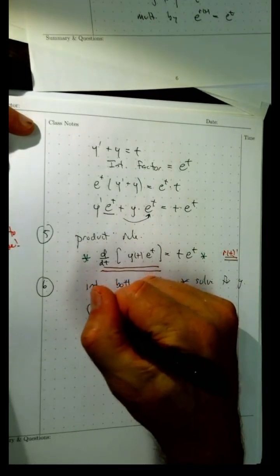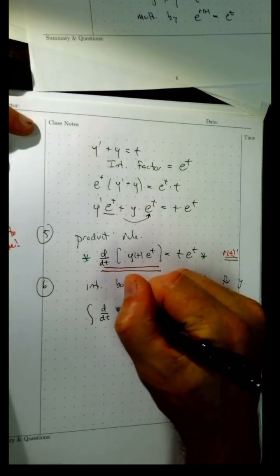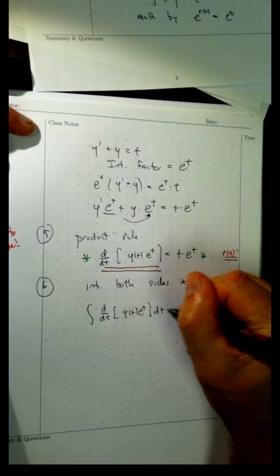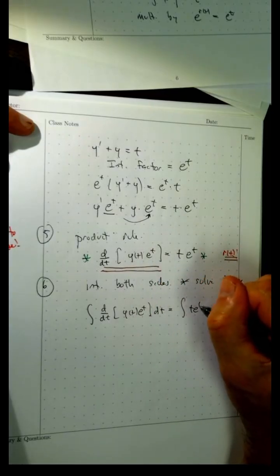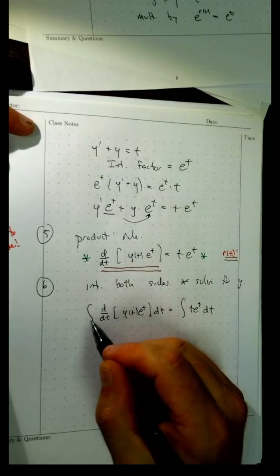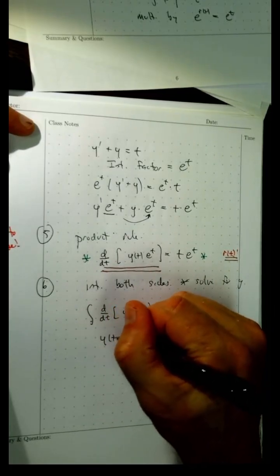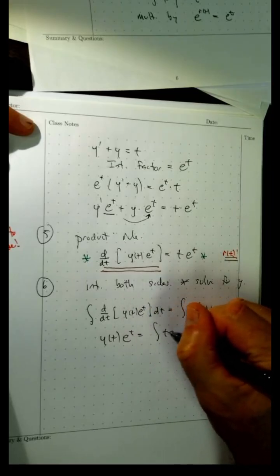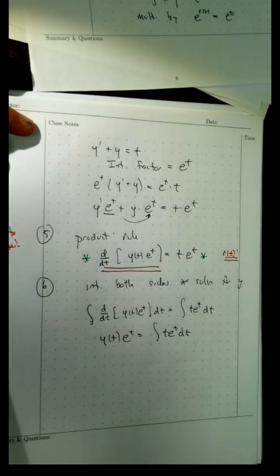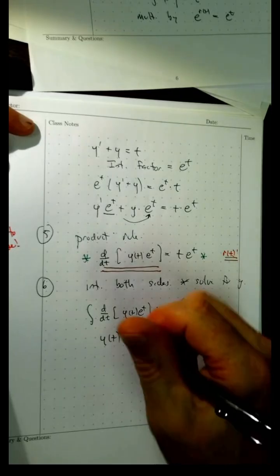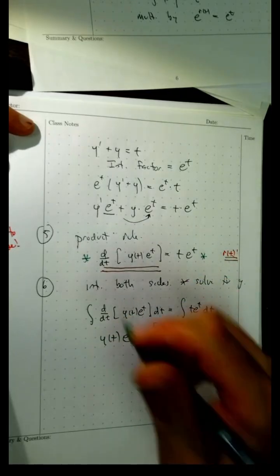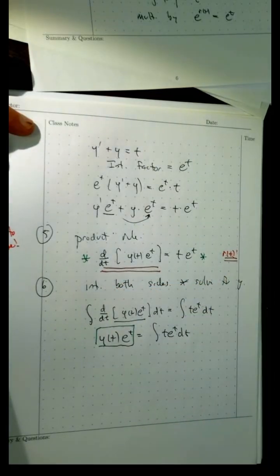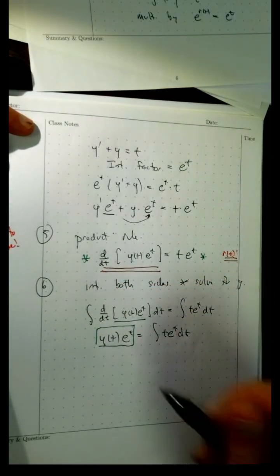If I take the antiderivative of both sides, the antiderivative of the derivative is just that function, is equal to that. Okay, and again, this is by design. This should always be the case. If you cannot do that, something went wrong.